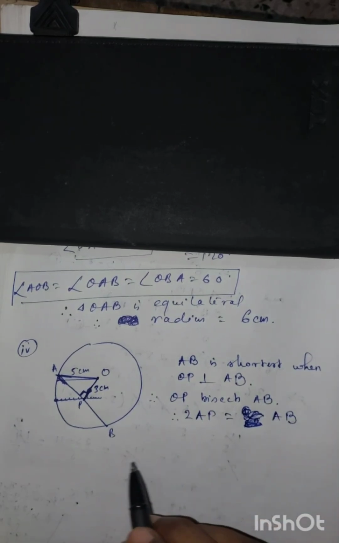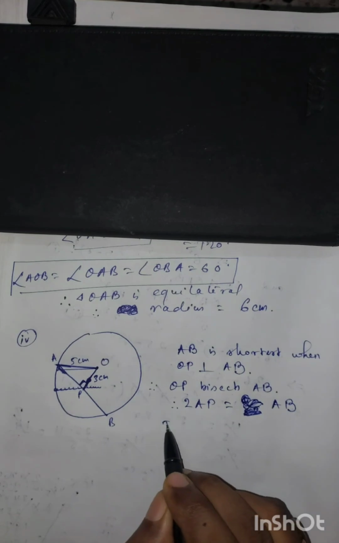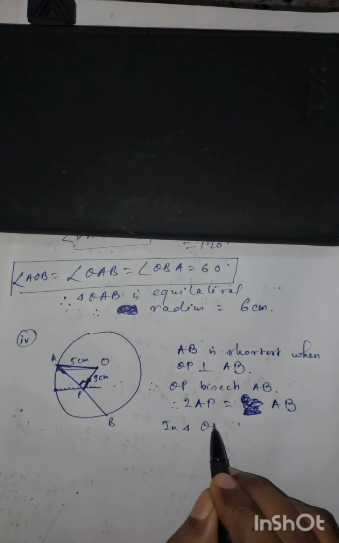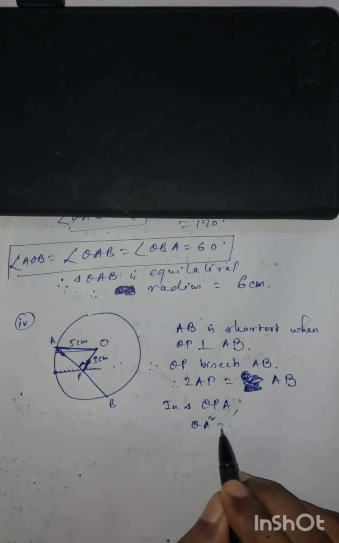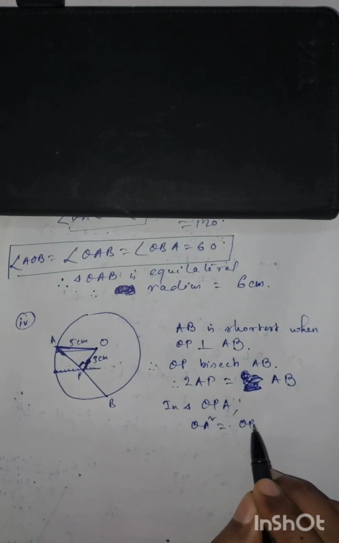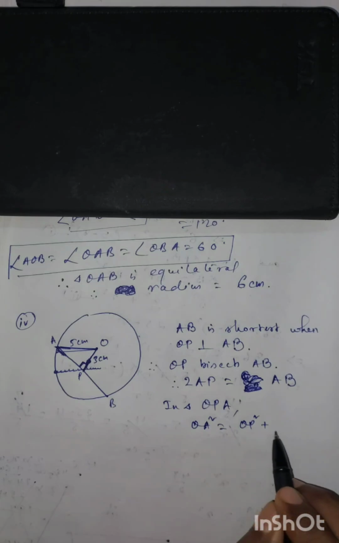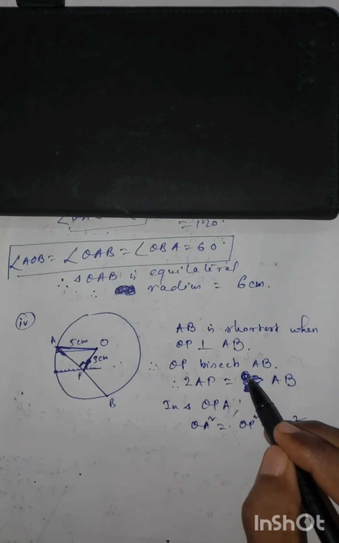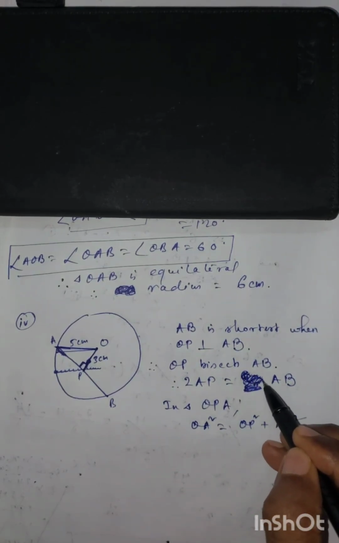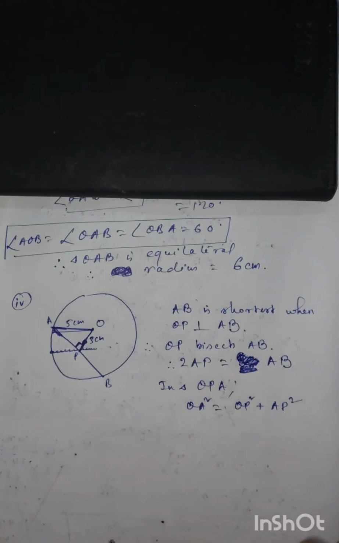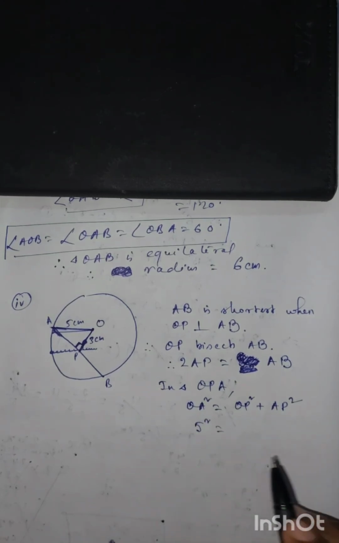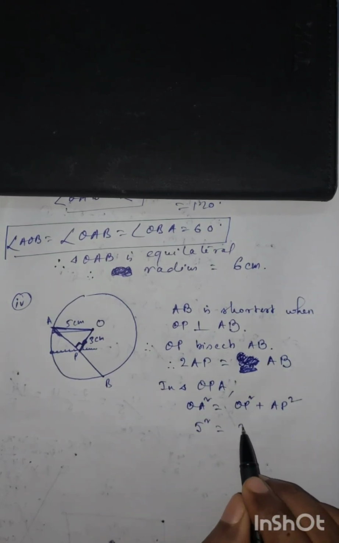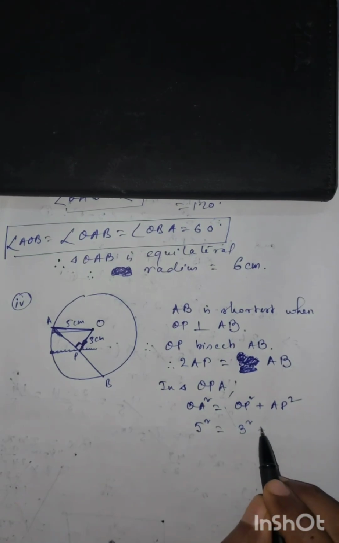Now in triangle OPA, hypotenuse square equal to perpendicular square plus base square. So OA square equal to 5 square, OP square equal to 3 square plus AP square.